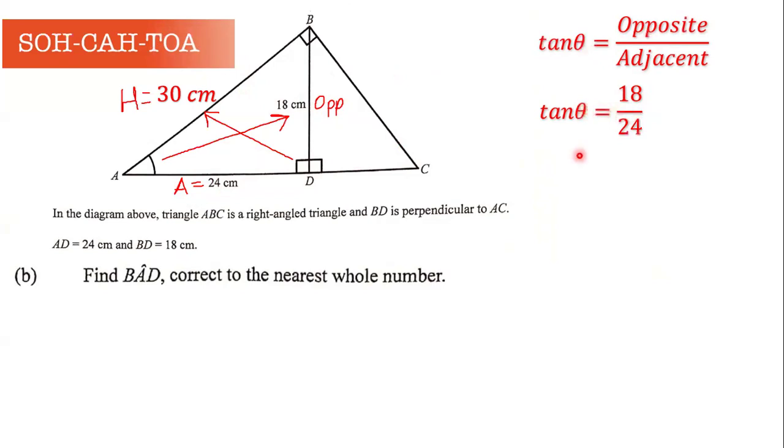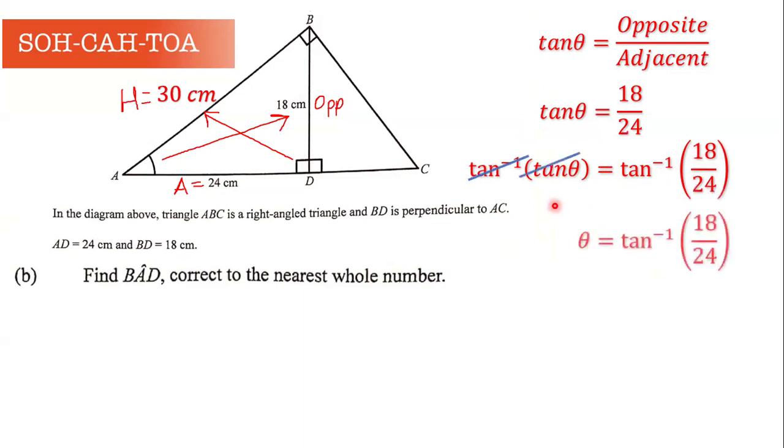In order to do that, we apply tan inverse to both sides of this equation. And so we have tan inverse of tan theta, which is equal to tan inverse of 18 over 24. Next, we cancel this with that, and we are left with theta is equal to tan inverse of 18 over 24.